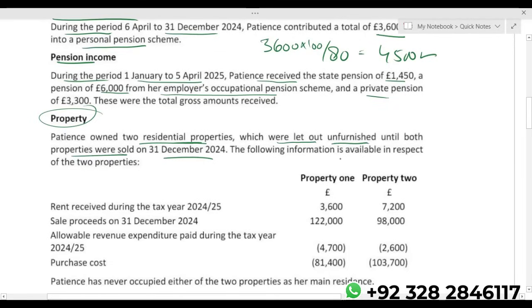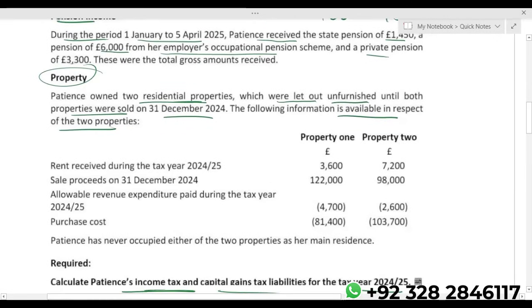The following information is available in respect of the 2 properties: rent received during the tax year 24-25 of both properties, sale proceeds for property 1 and property 2, allowable revenue expenditure on the first and second property, and purchase cost. The taxpayer has never occupied either of the two properties as her main residence.